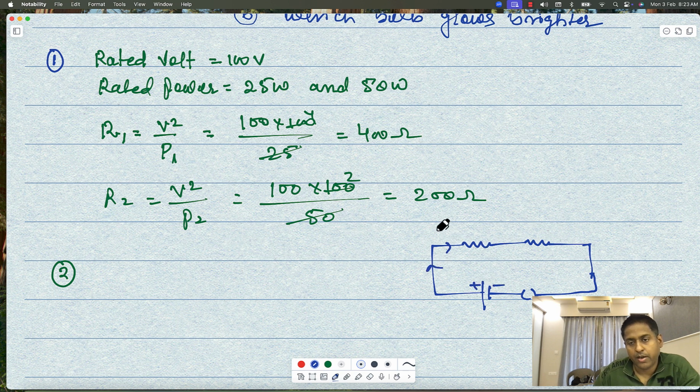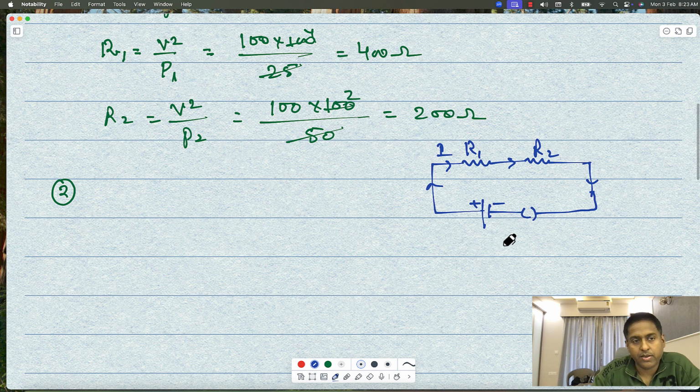The same I passes through R1 and R2, where R1 is 400 ohm and R2 is 200 ohm. We can find I by using the total voltage, which is the applied voltage of 100, divided by the total resistance. Let's calculate the total resistance, which is the series combination, Rs equals R1 plus R2.